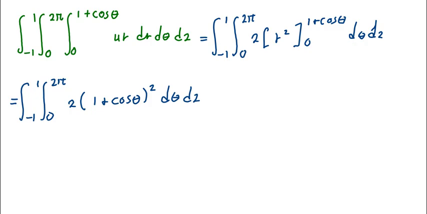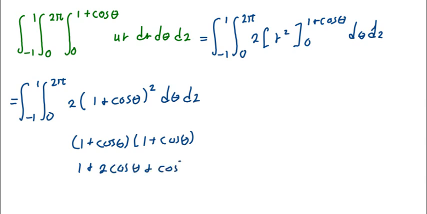You can go ahead and expand this, which is pretty simple. You have 1 plus cos theta multiplied by 1 plus cos theta. This is just going to be 1 plus 2 cos theta plus cos squared theta.